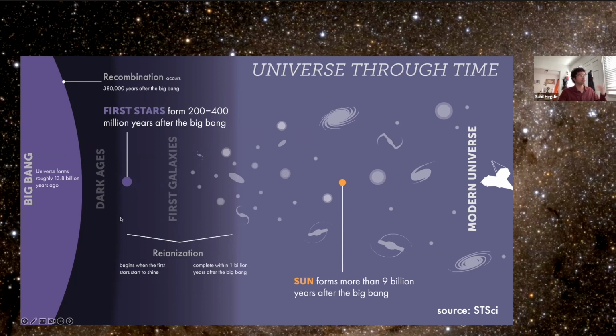And as this happens, the stars create little bubbles of ionization around them, of ionized hydrogen around them. And those bubbles will start to grow over time. And as you get galaxies, those galaxies will also emit photons because they have lots and lots of stars in them. And eventually the universe becomes ionized. It becomes mostly full of hydrogen that has no electron. And so that's actually what we see in the universe today.